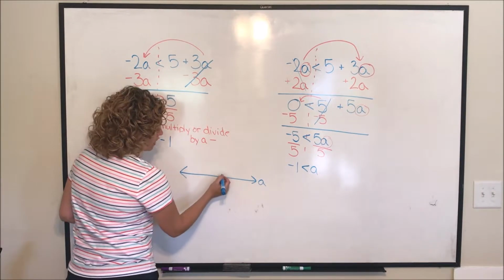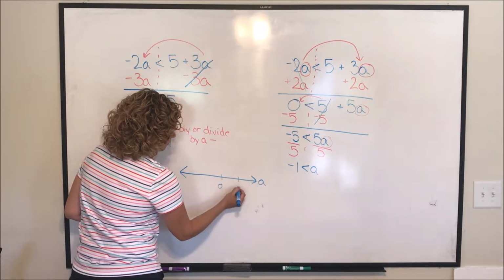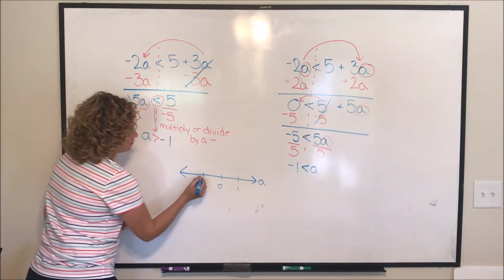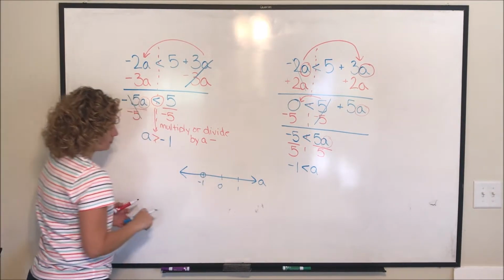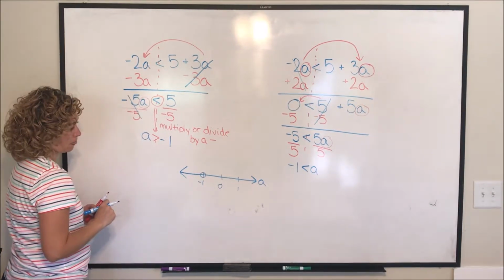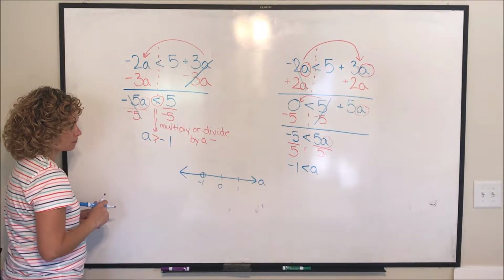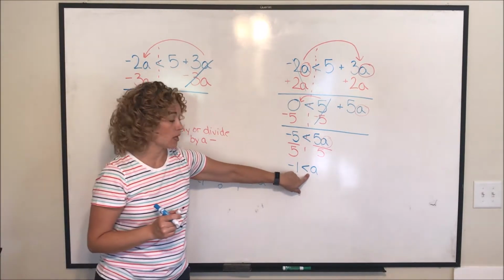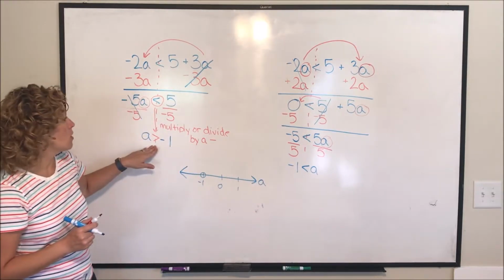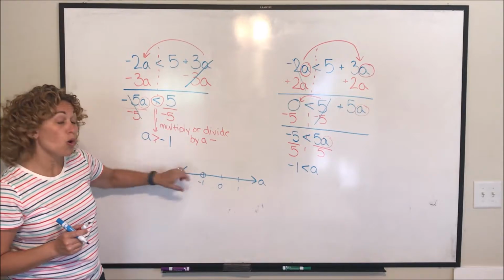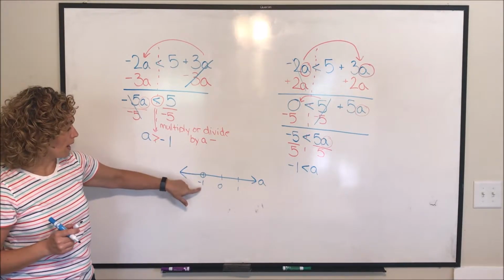So go ahead and take a minute and do that. So, does a equal -1? No, there's no equal sign. So what you're going to do is draw an open circle around that -1.